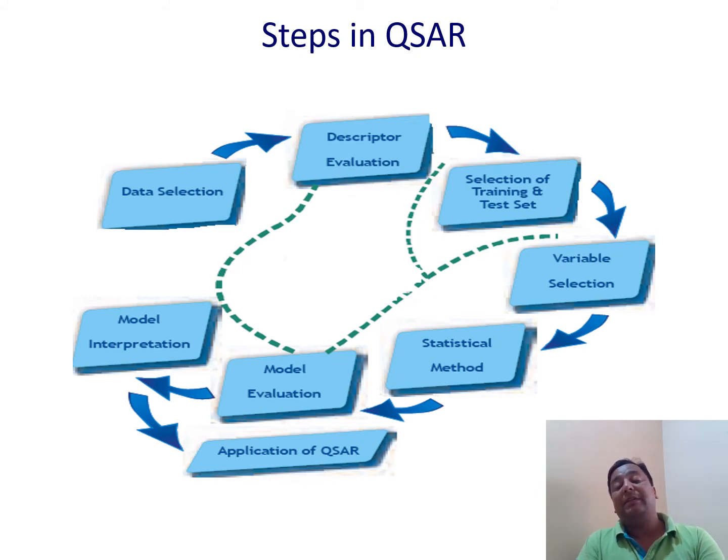Then we will analyze those variables after selection using different statistical approaches, and then again evaluate the models generated through the statistical approaches, and then interpret the models. The best model can be used for a particular purpose, in terms of the drug effect at the target site, in terms of generating compound libraries, databases, and other aspects which we have discussed before.